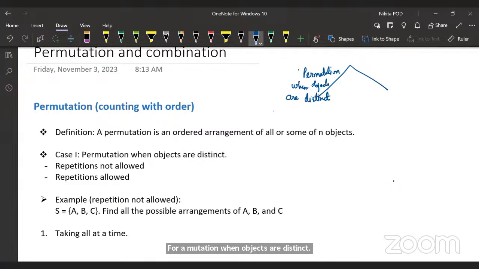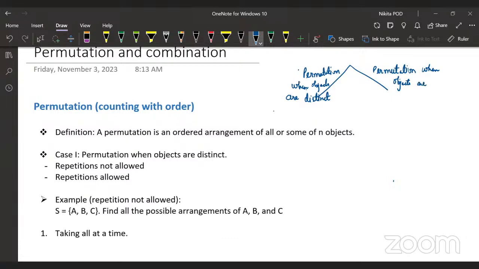And the second is permutation when objects are not distinct.